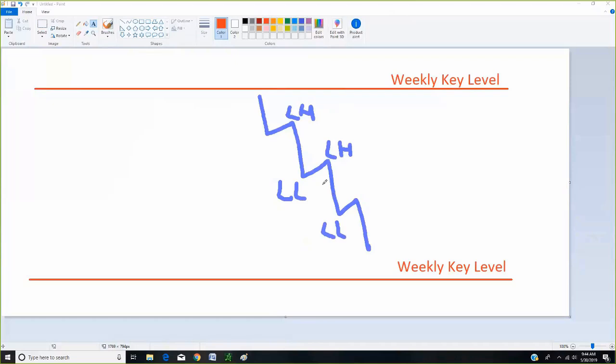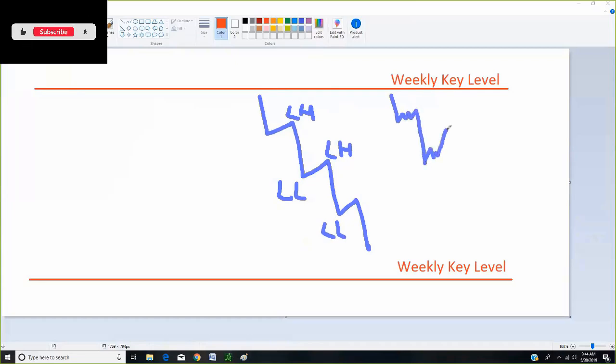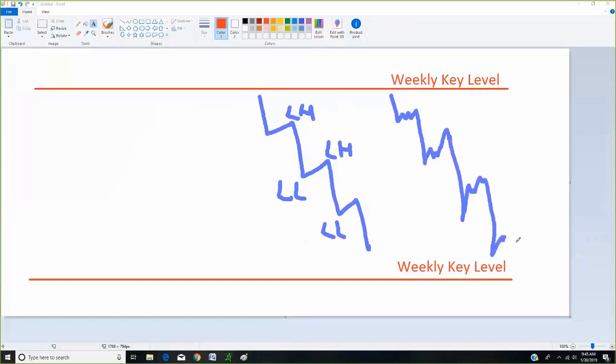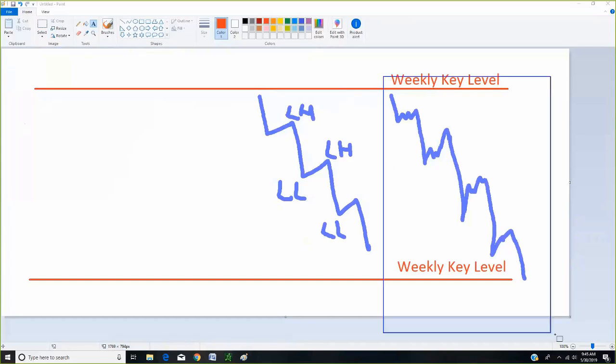But you guys know this is not a perfect world, and it looks something like this. You and I both know this is what it looks like. It's not clean, right? You've got all these little hiccups in the middle, but once again, like I said with the uptrend, what we can do is draw that trend line.